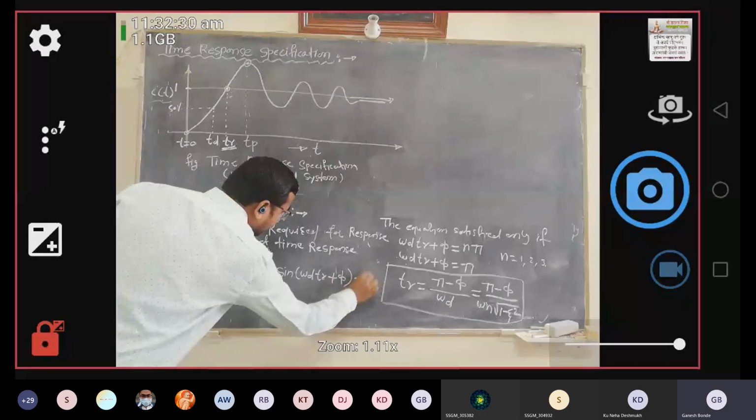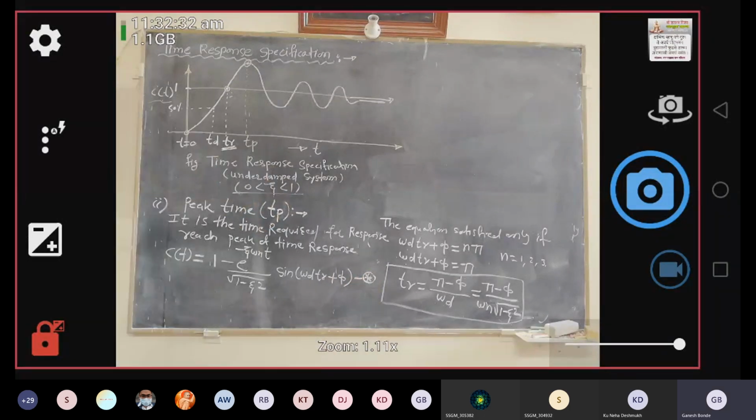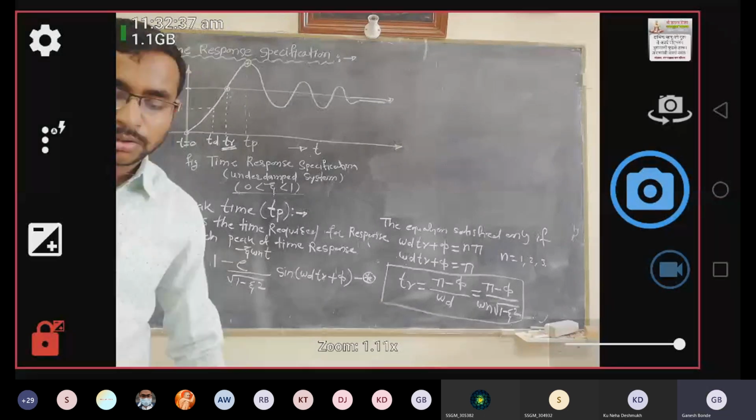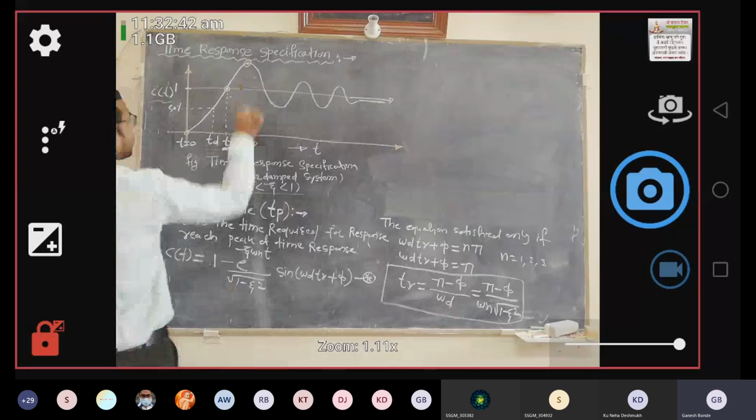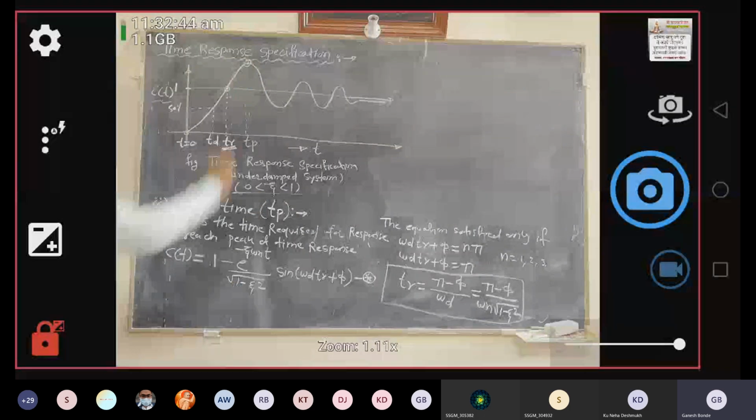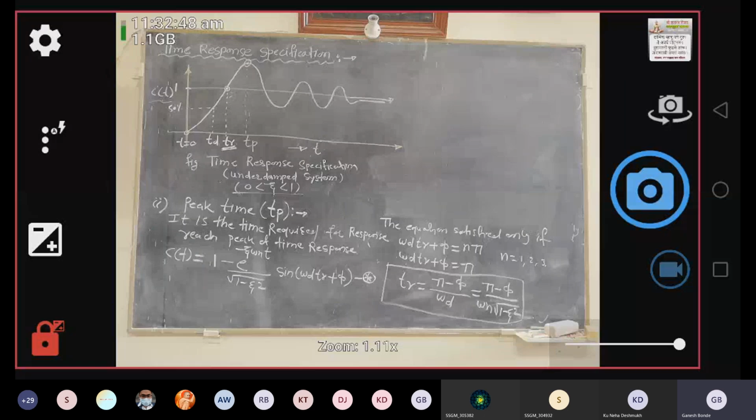Okay, so this is our equation number star. This is the time response of a second order control system. Okay, so in order to obtain the value of time corresponding to the first peak, what we have to do? How will you get the value of TP?